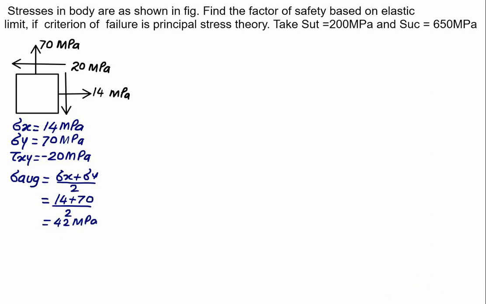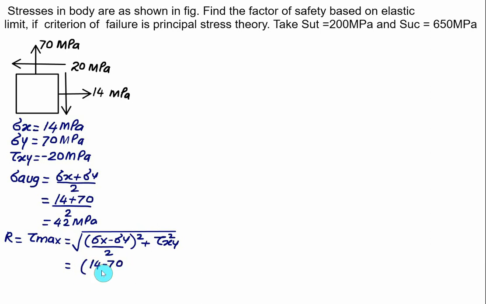Then we calculate tau max, which is equal to the radius of the Mohr circle, the square root of (sigma x minus sigma y by 2) whole square plus tau xy square. So we have the square root of (14 minus 70 divided by 2) whole square plus tau xy equal to minus 20, squared. Tau max will be plus or minus 34.41 megapascal.